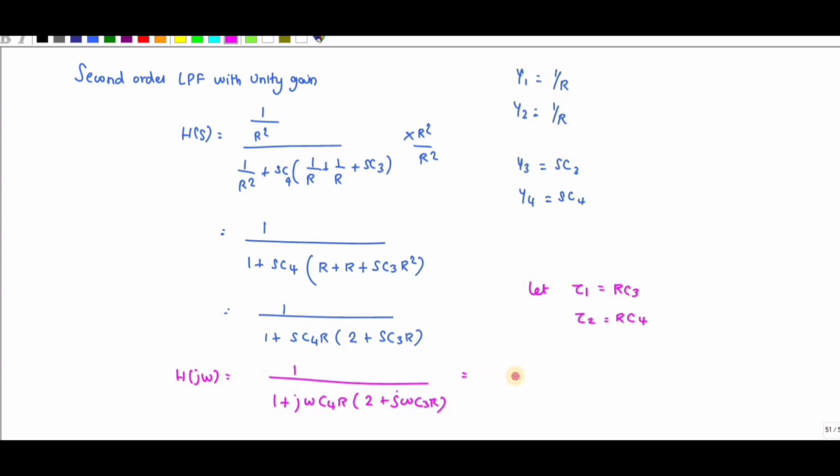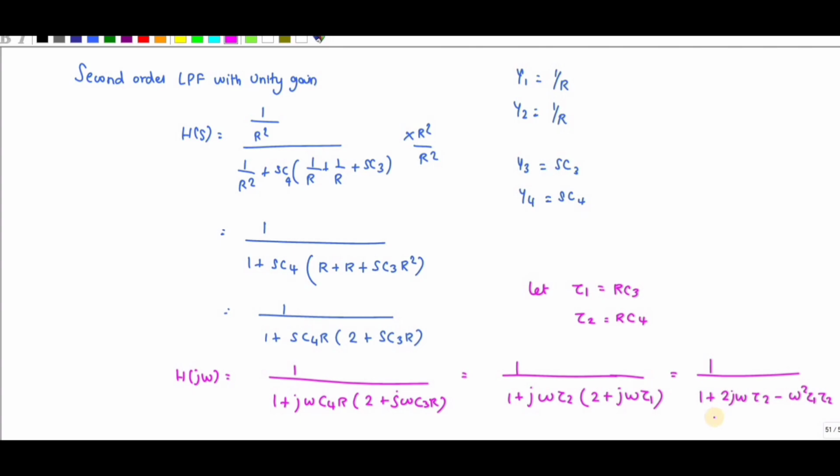Better, I can write it like this: 1 divided by 1 plus j omega C2, 2 plus j omega tau. This I can write as 1 plus 2j omega tau 2 minus omega square tau 1 tau 2.